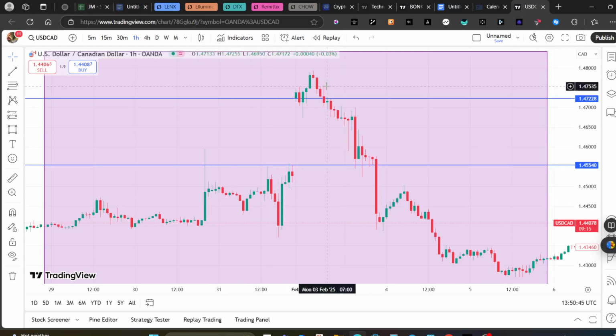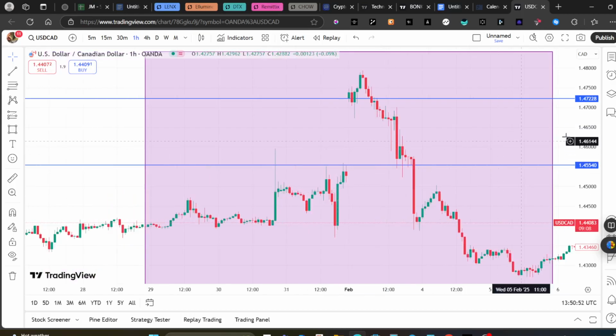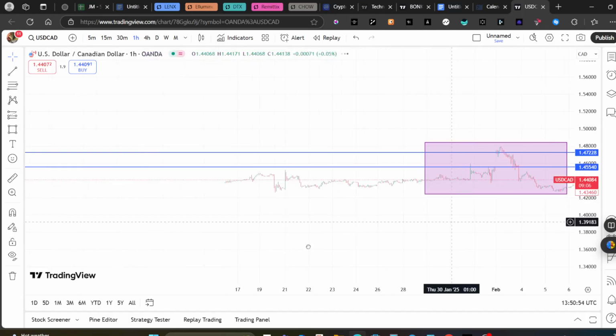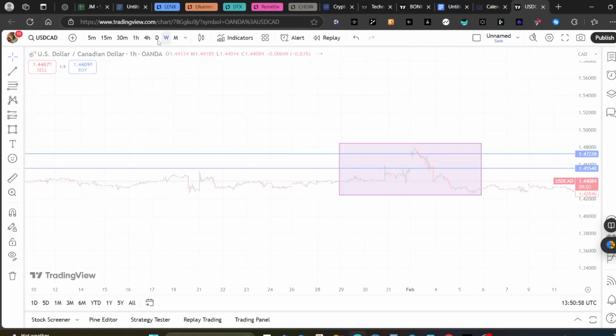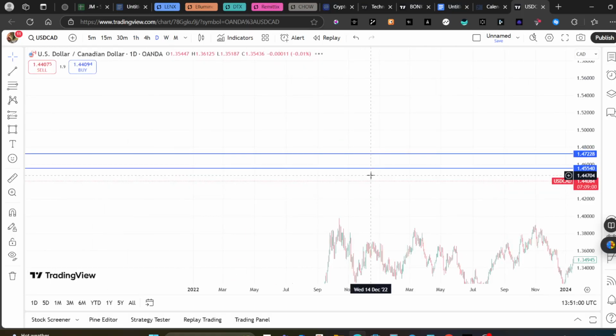Then you wait for retracement. The market tends to retest these imbalance zones before continuing the move. Let's go back to that first example.